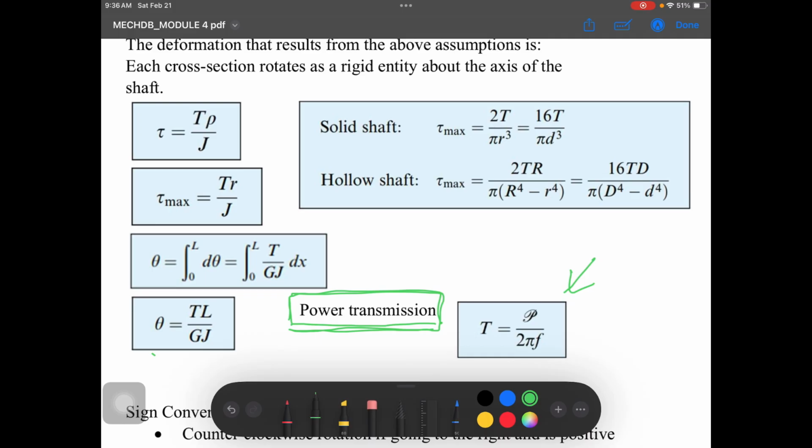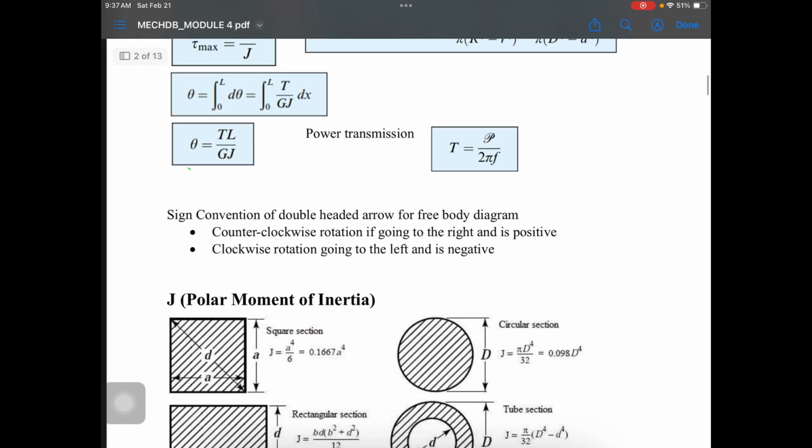So, T is your internal torque, and then P is yung power, and then 2 pi F, it's 2 pi, and then F is your frequency. That is yung mga variable or yung mga naka-hertz or RPM, revolution per minute. So, that's F, frequency. So, now let's try solving mga problems.